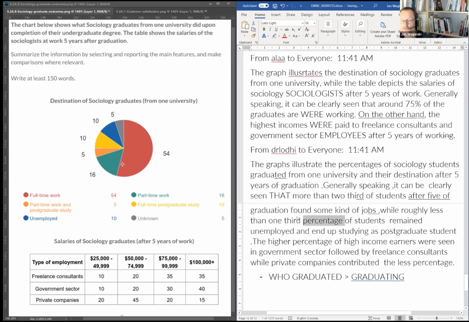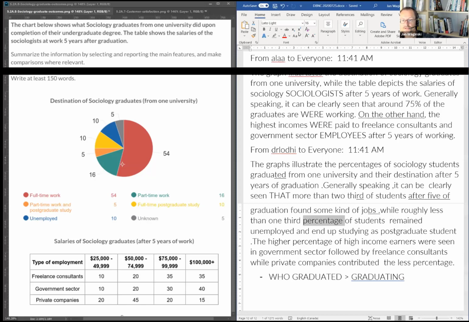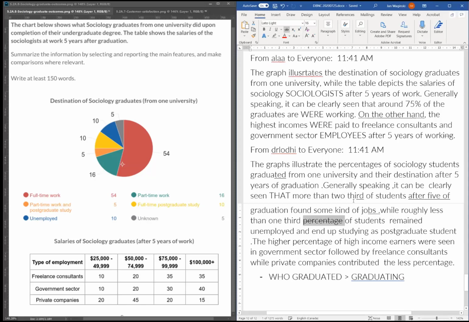If you say 1/3, then don't put percentage because it's the same thing. It's redundant. Remained unemployed, or, not and, or past tense, ended up studying as postgraduate students.